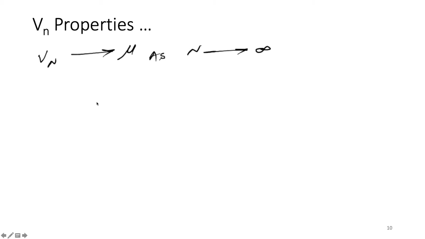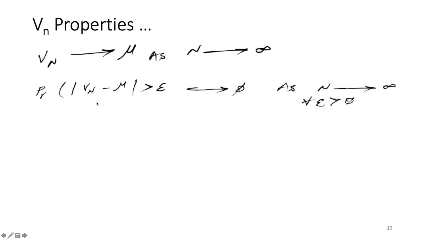So now, how are we going to find a relation between these two? We can characterize it this way: the probability that the absolute value of V of n minus mu, so the difference between your Vn, your random sampling, and the actual mean of the distribution that you've drawn out of, is within a margin epsilon.